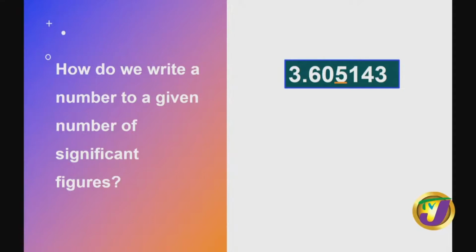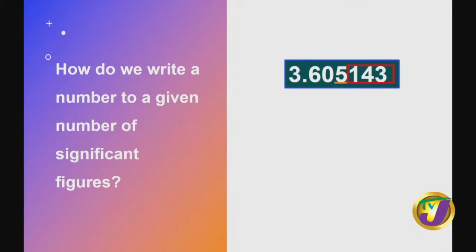Let's start off by establishing where four significant figures would end. We're going to start from our left again and establish all the digits that are significant. So 3 is 1, 6 is 1, 0 is 1, and 5 is 1. That means my fourth significant figure would stop in my thousandths place, where the 5 is right now.